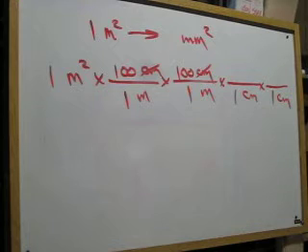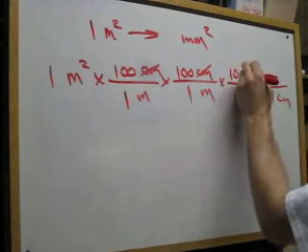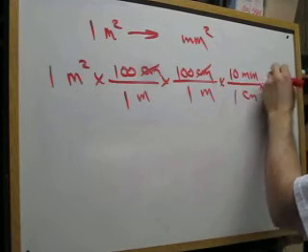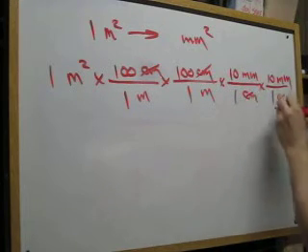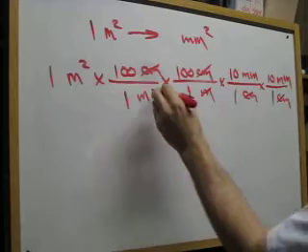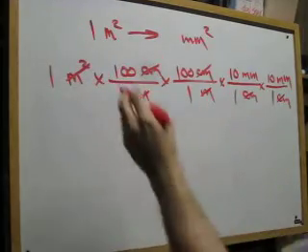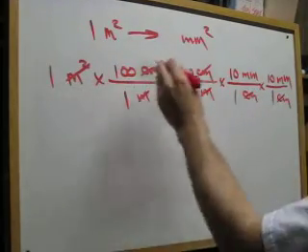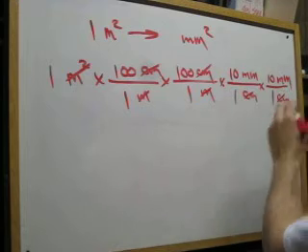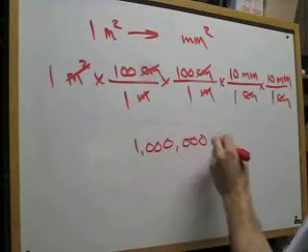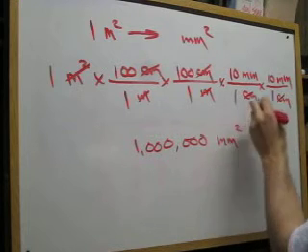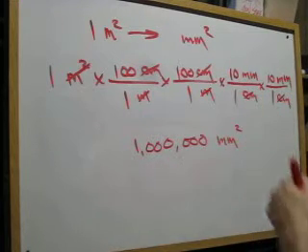Well, in this case, there are 10 millimeters in a centimeter. So we write it twice. We cancel our centimeters out with this one, our meters out with this one, and we multiply across. 100 times 100 times 10 times 10 is 1 million millimeters squared. Okay, and that's what we were looking for.